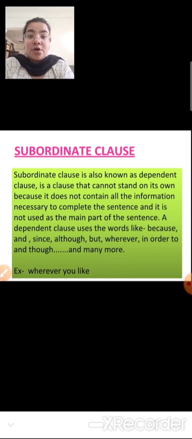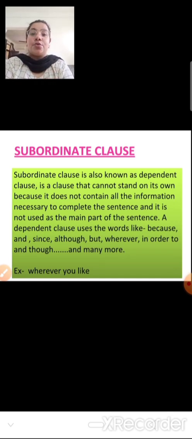A dependent clause uses words like because, and, since, although, but, wherever, in order to, though, and many more.